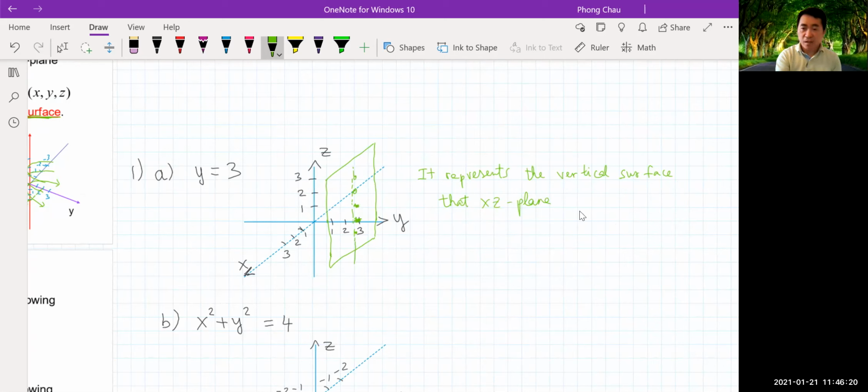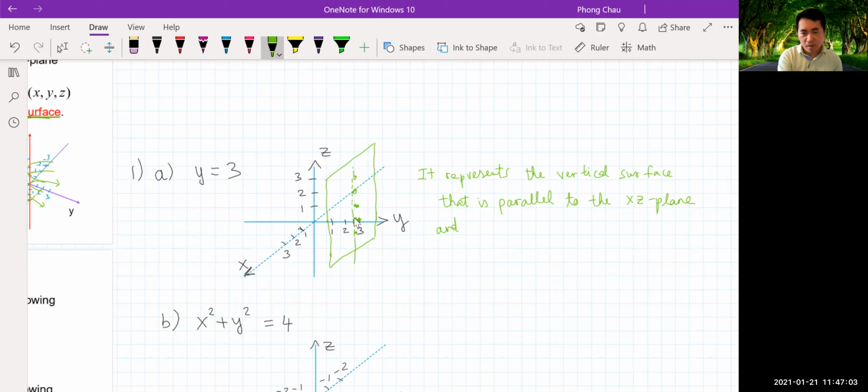So it represents the vertical surface that is parallel to the XZ plane, and it's not parallel to the XY plane, but it goes through the y-axis.